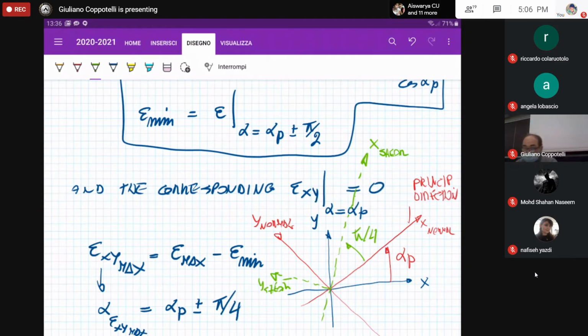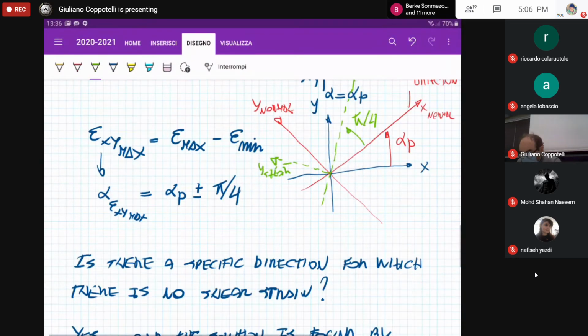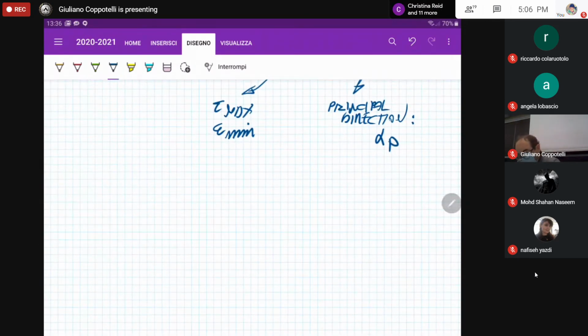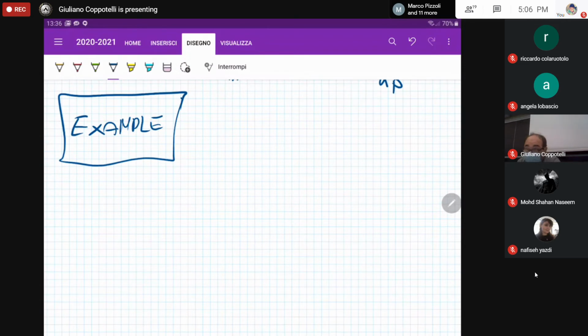So let's imagine for a while that we are down in the laboratory and we are taking some measurements. Let's have an example that could be considered taken from actual measurements. Okay, so let's have your strain gauge system that is intended to measure the strain in this point.